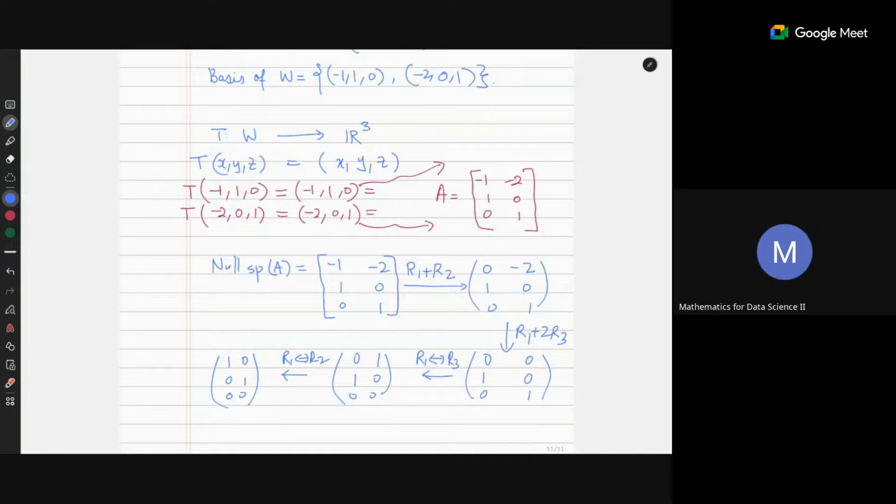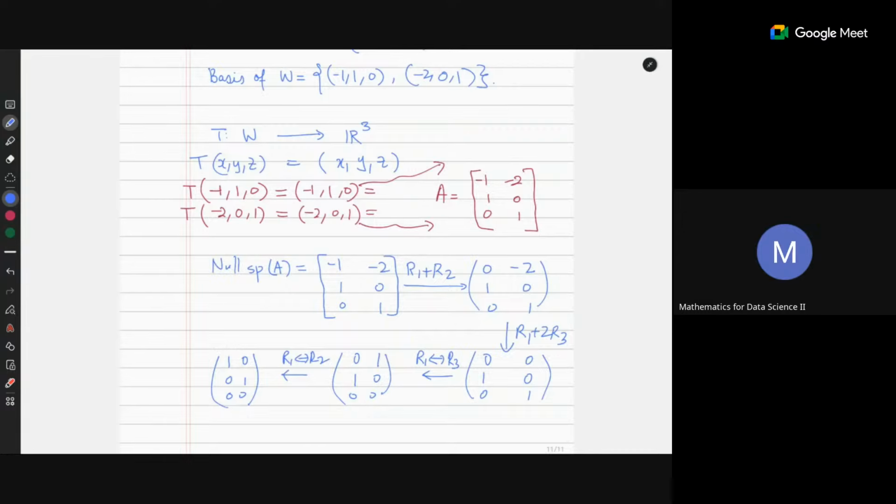Right now, what is the nullity of this space? Nullity is 0. How many independent variables are there? There is no independent variable. Both variables are dependent.